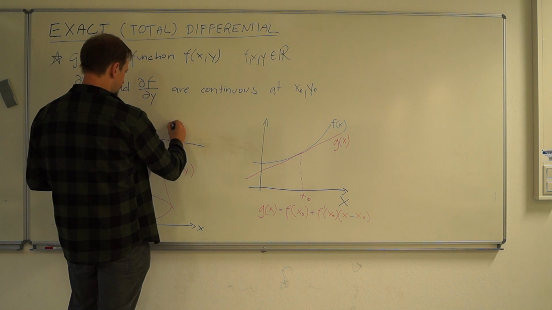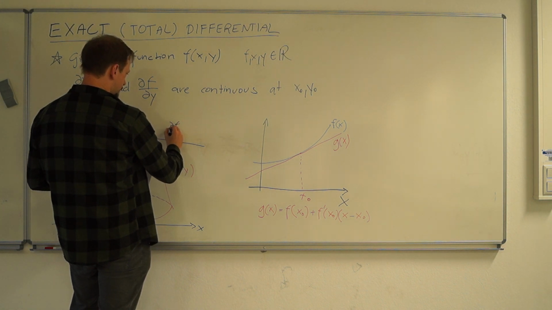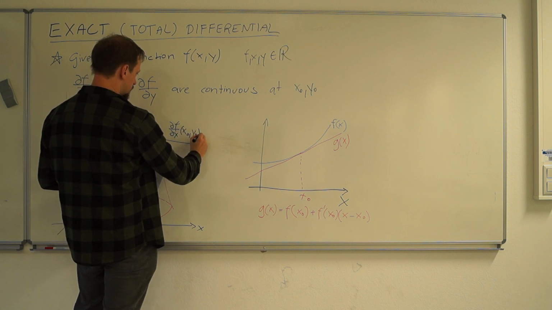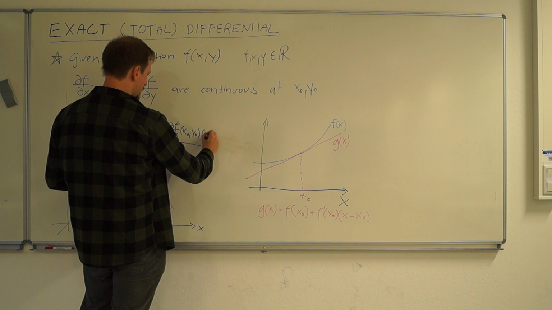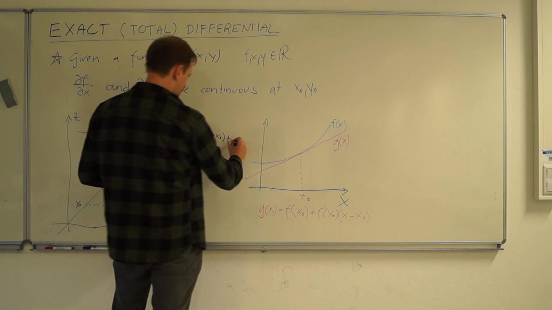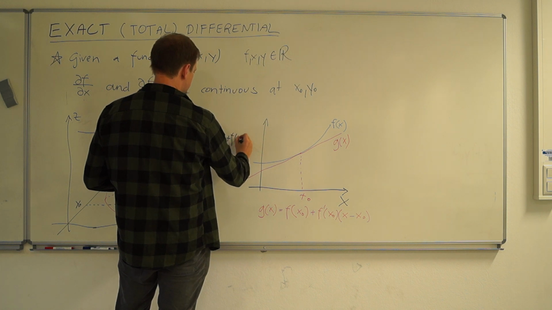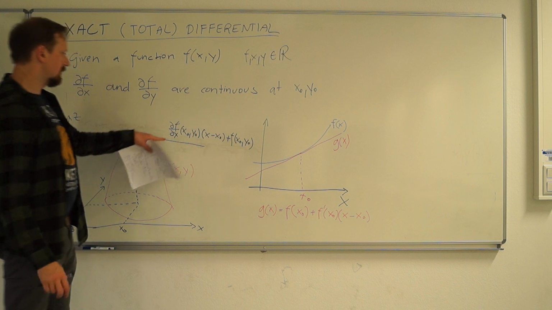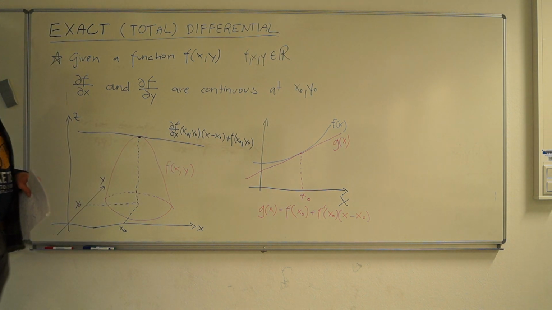So we can write this line as df over dx evaluated at x naught, y naught times x minus x naught plus f evaluated at x naught and y naught. It's pretty much the same as in the one-dimensional case, only that we use partial derivatives.